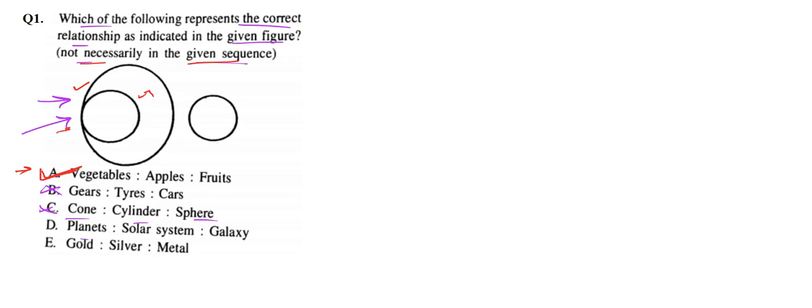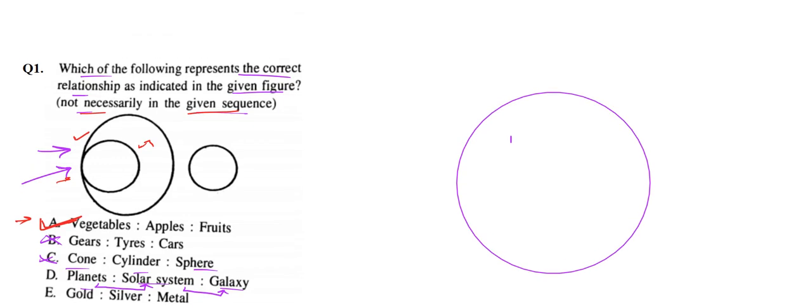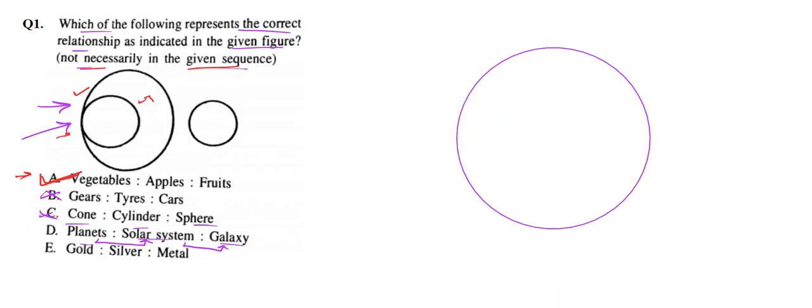Now we have option D, and that is planets, solar system, galaxy. In this we have a relationship. We can say that planets belong to the solar system and the solar system is a part of the galaxy. So this is the galaxy, and the solar system is a small part of the galaxy, so we can draw the solar system here.